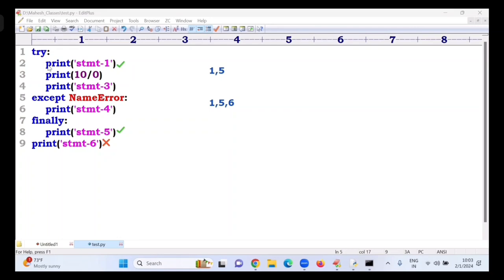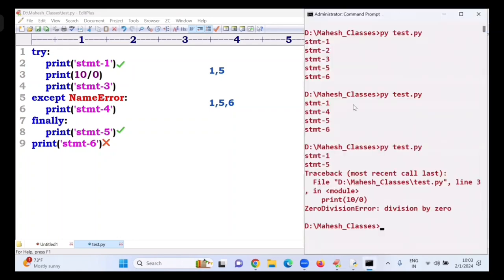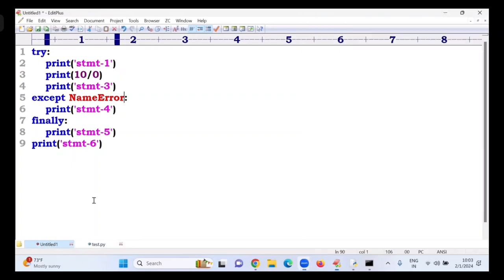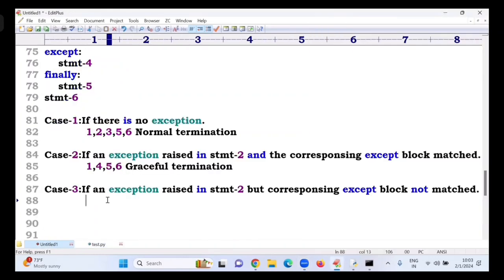That is the reason 6 won't come into the picture. Only 1 and 5. Abnormal termination.